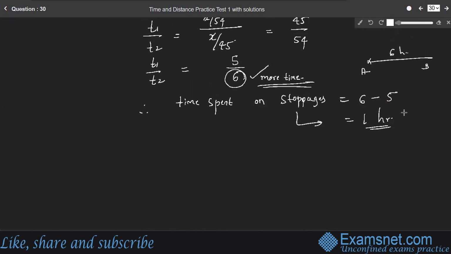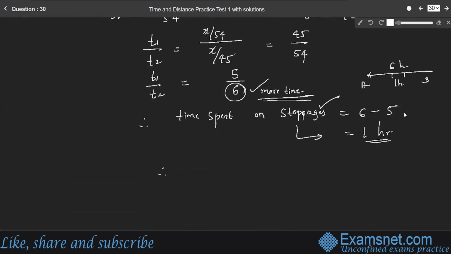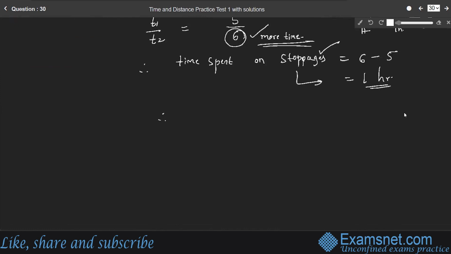In that, 1 hour of time is taken for stoppages. Time spent on stoppages is 1 hour. Therefore, per hour, how many minutes does the bus stop? So in 1 hour, how many minutes for stoppages?